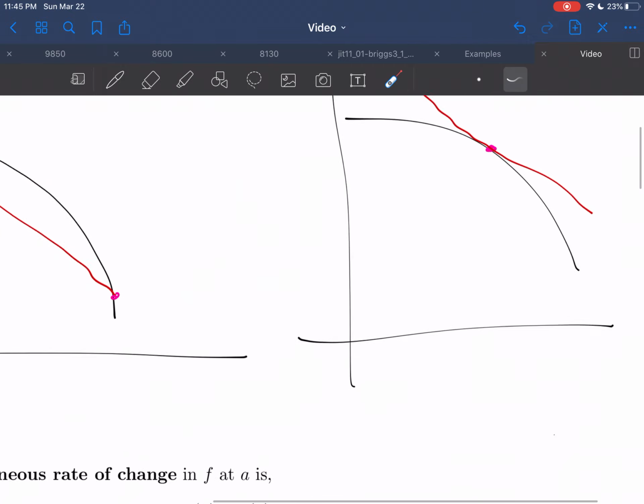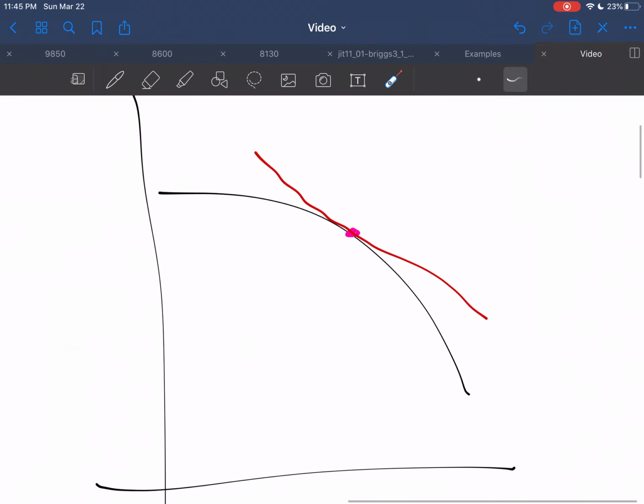So if you remember, I drew a picture in class. It looked kind of like this. We had all the possible points it could be, and we had our secant lines.